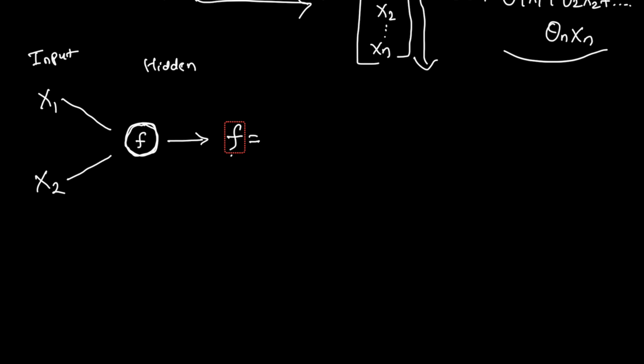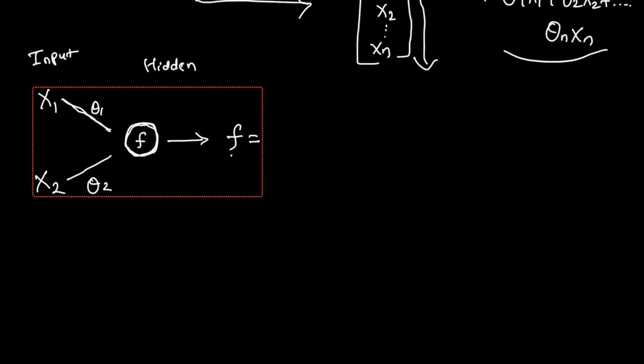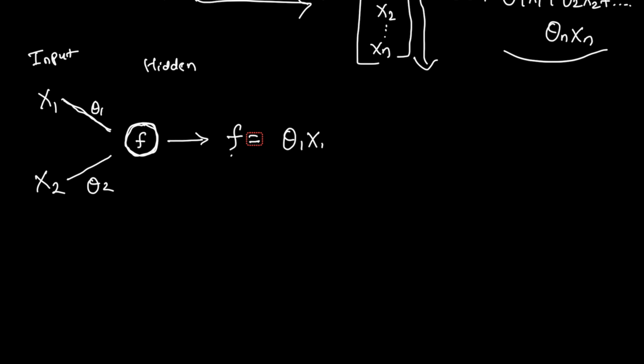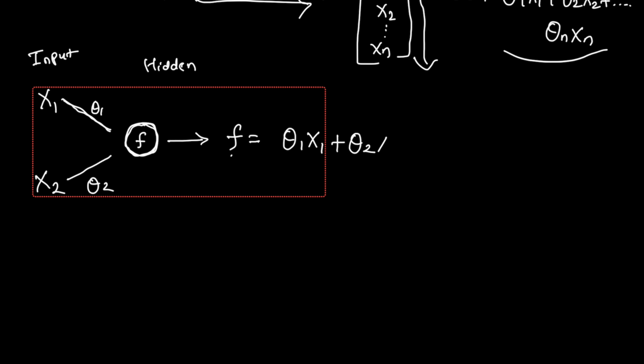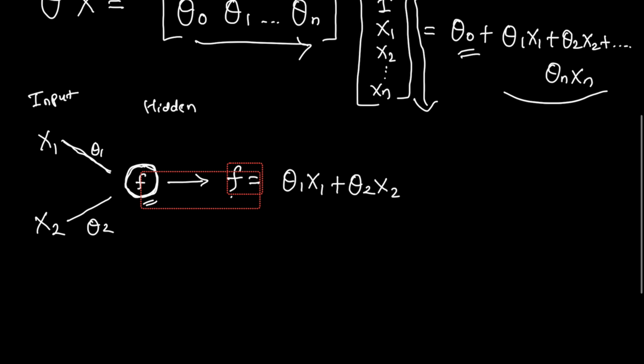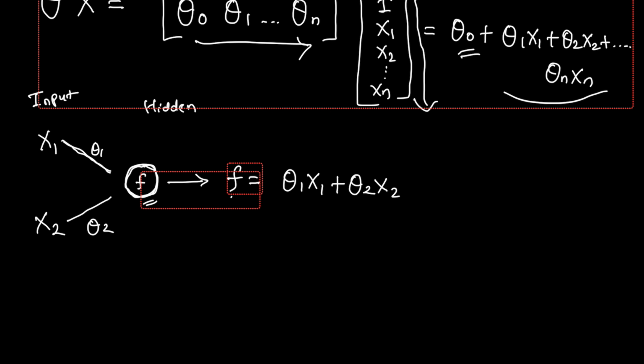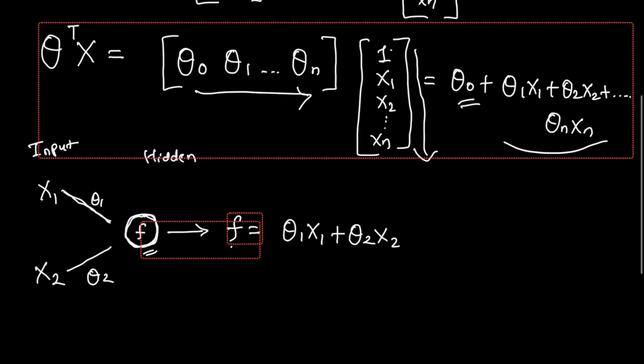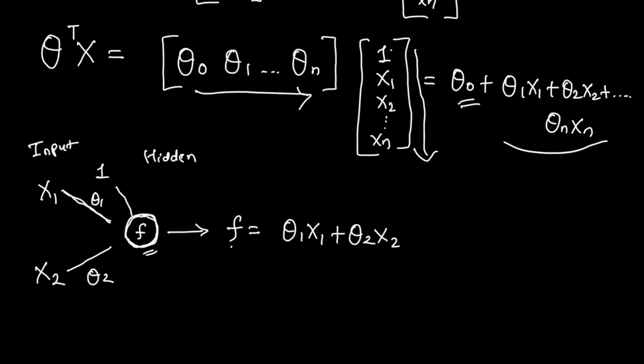With every edge it associates a weight. Let's say here I have theta 1 and theta 2, and the output is theta 1 x1 plus theta 2 x2. That's what f does. Now where is theta naught? In order to add theta naught, at every layer we also add another connection with 1.